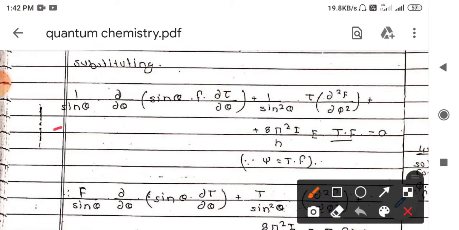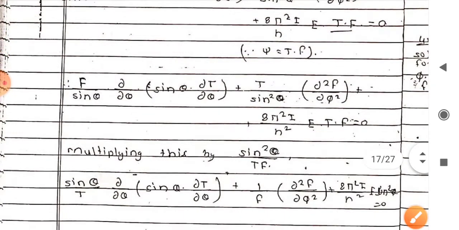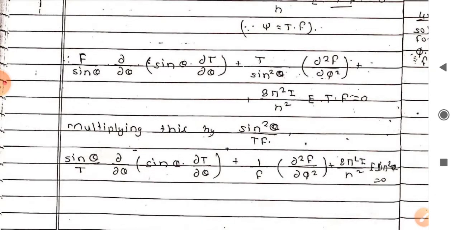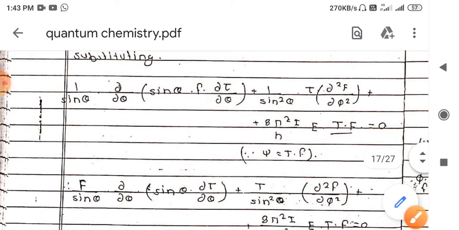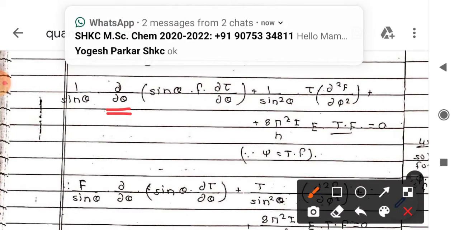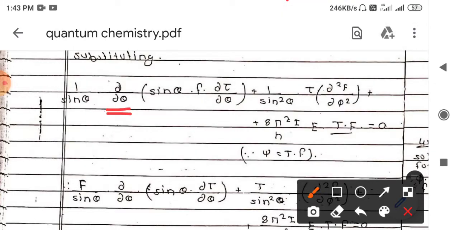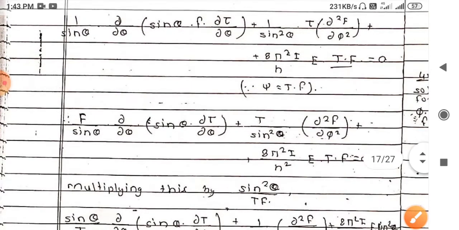We get 1 upon sine theta into ∂/∂theta of sine theta F into dT upon dtheta, plus 1 upon sine square theta into T into d²F upon dphi square, plus 8π²I upon h² into E, and the value of psi is T into F. Once we have obtained that equation, we can take the constant terms outside the bracket. Here the differentiation is with respect to theta, so F can be treated as a constant, and we take it outside the differentiation. We have done that in this step.